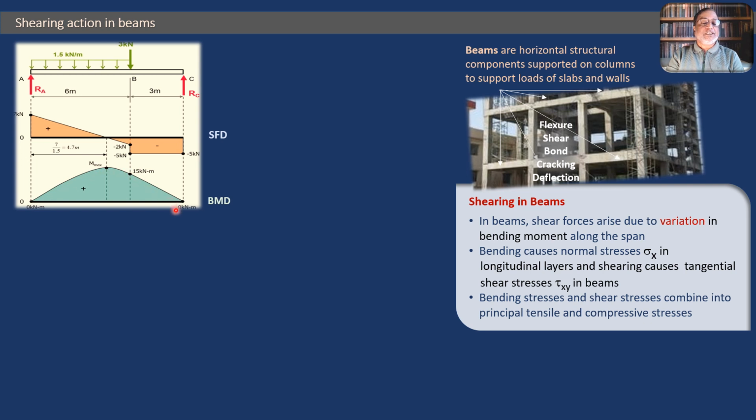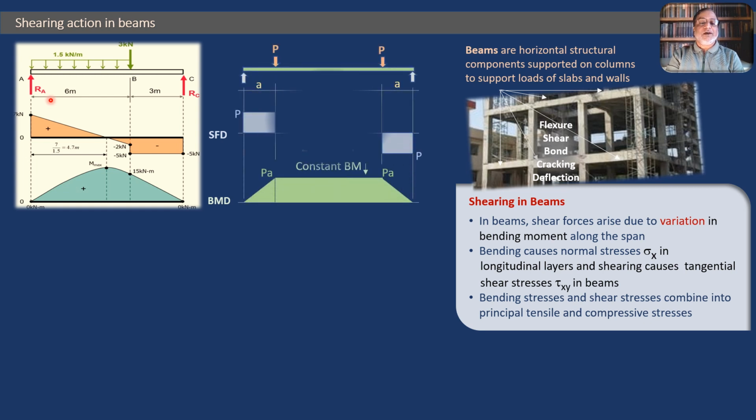So at every change in bending moment, that means at every point, we get some shear force. As you know mathematically, the shear force is the rate of change of bending moment, and that is why we can say that variation in bending moment is the cause of existence of shear force in beams.